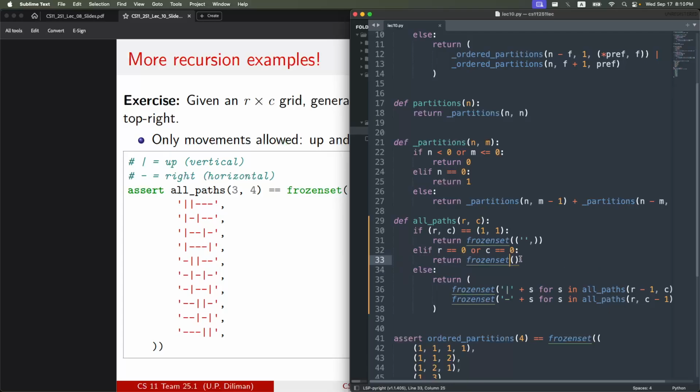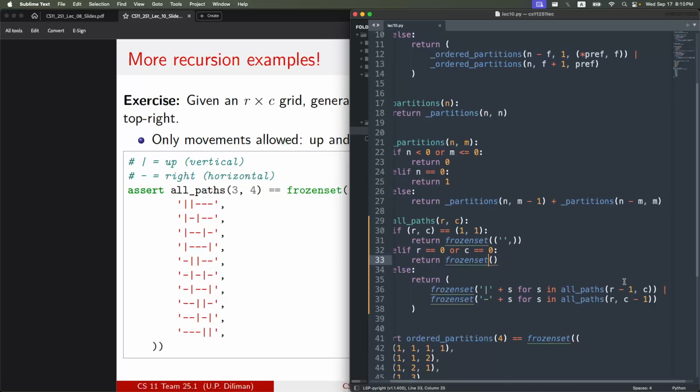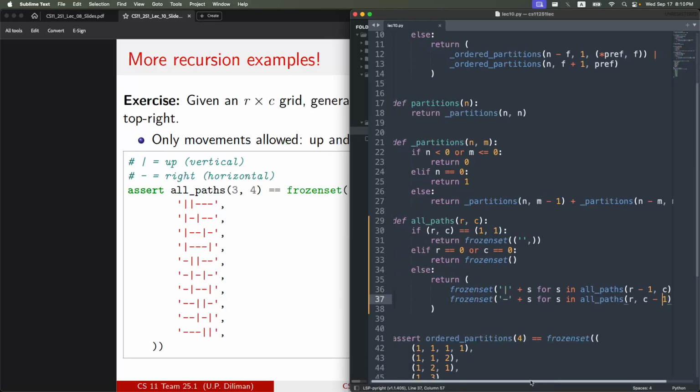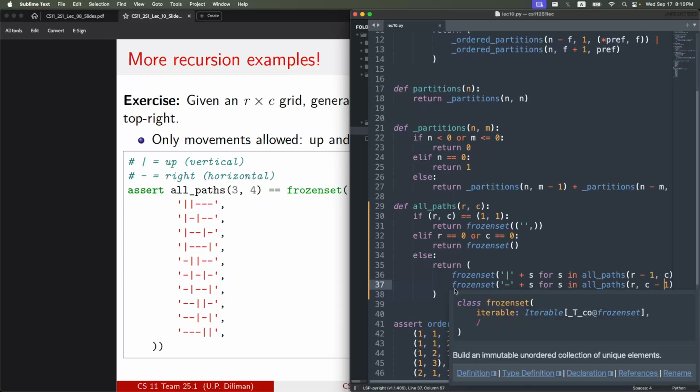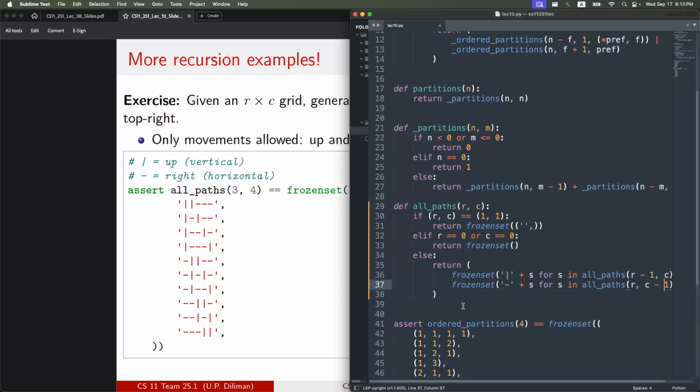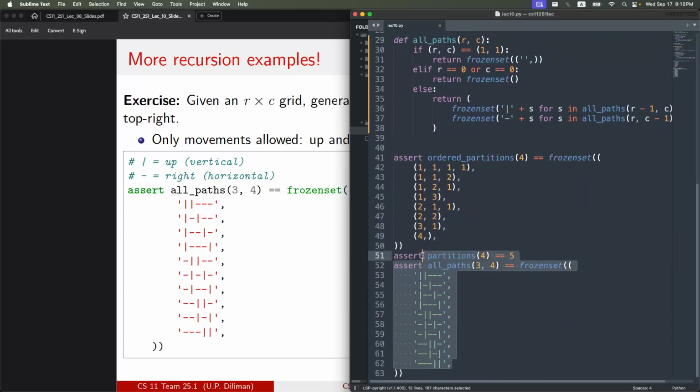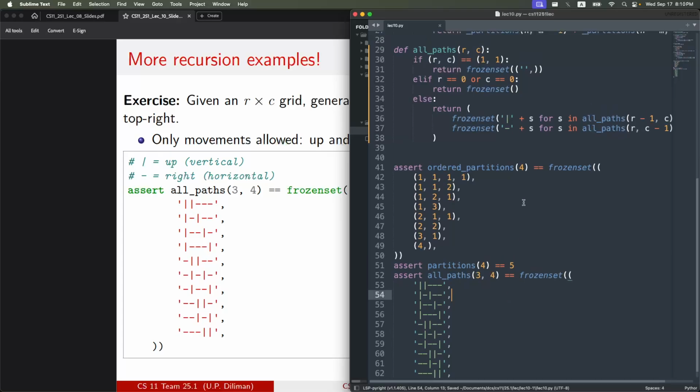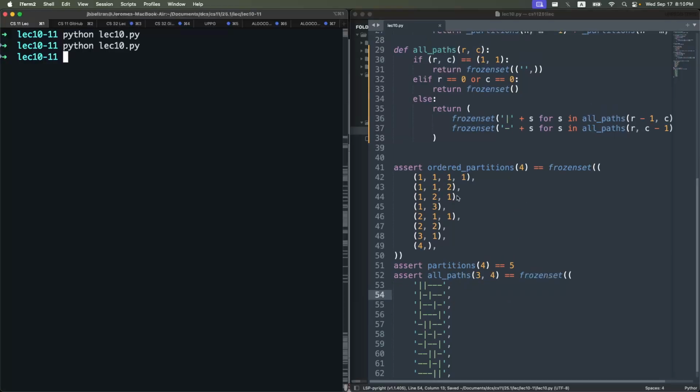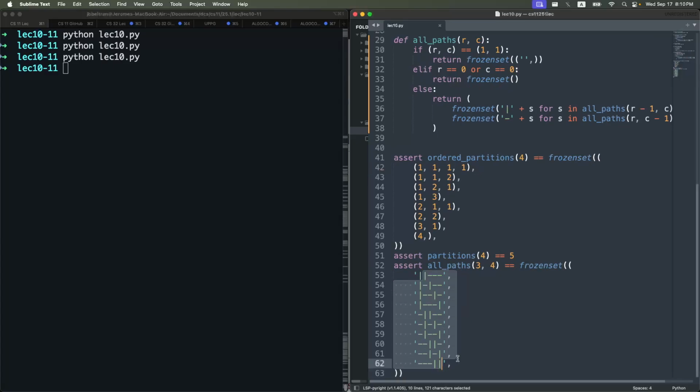So this will catch the cases where we try to go up if you're already at the top of the grid, or if you try to go to the right if you're already at the rightmost column of the grid. And let's try that. If you run this assertion, you should get no errors. Alright, so it was able to generate all of these.